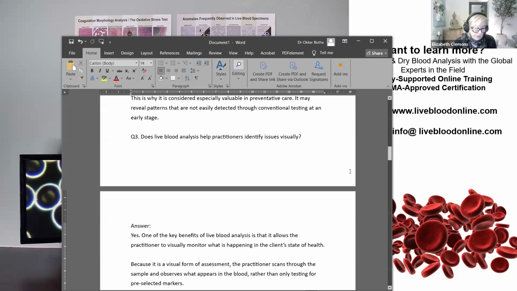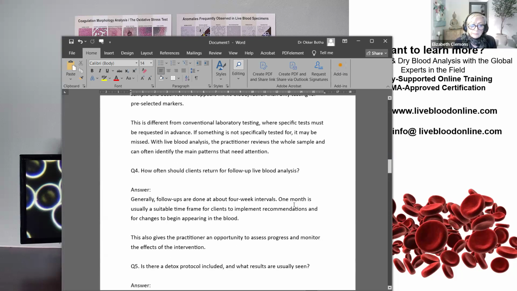Thank you. And how often should clients return for follow-up live blood analysis? Generally we follow up at a 4-week interval. Clients are given specific recommendations to follow for a month, and they're then tested again. Some changes take place at a much earlier stage.